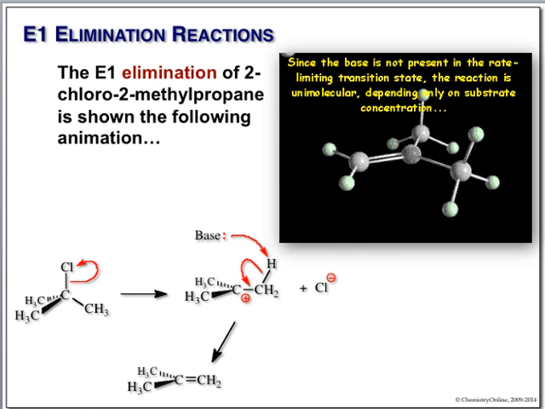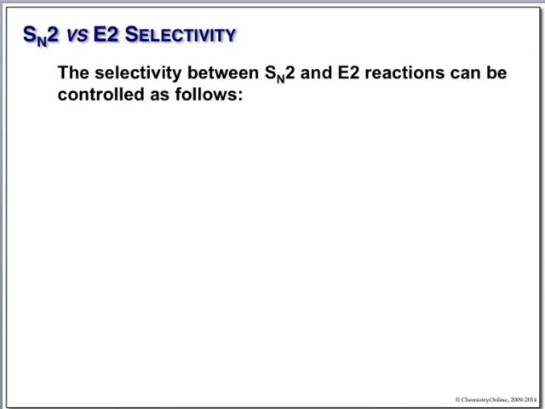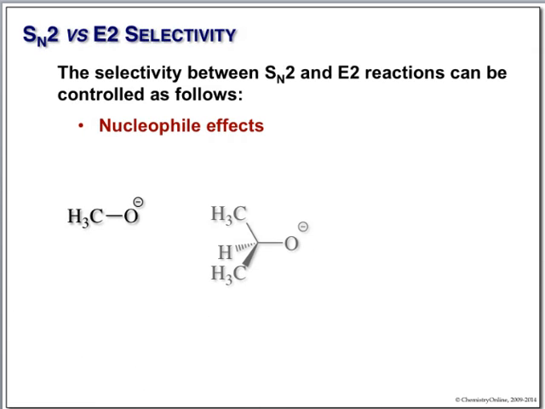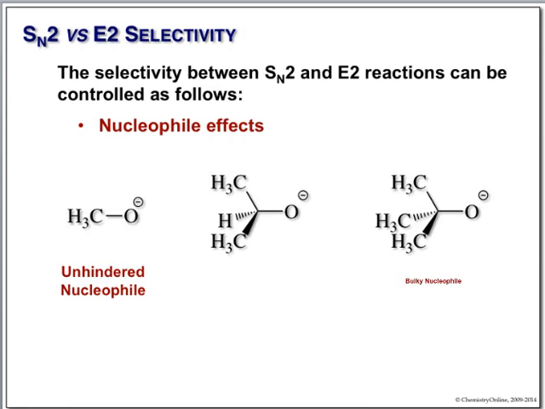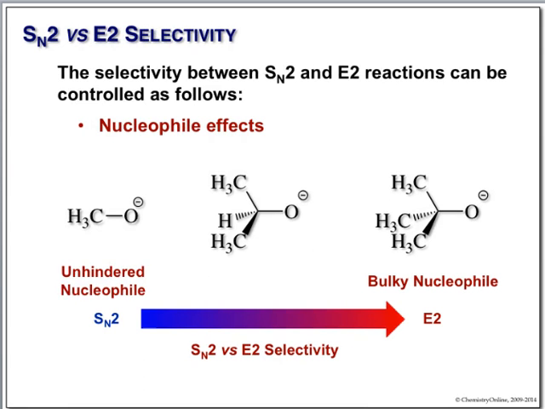All right, now it's getting a little messy, isn't it? Because we can have substitution or elimination. Let's talk just a little bit about how you control which one you get. This is the thing to remember. If you want elimination to occur as opposed to substitution, you want a big honkin' base.